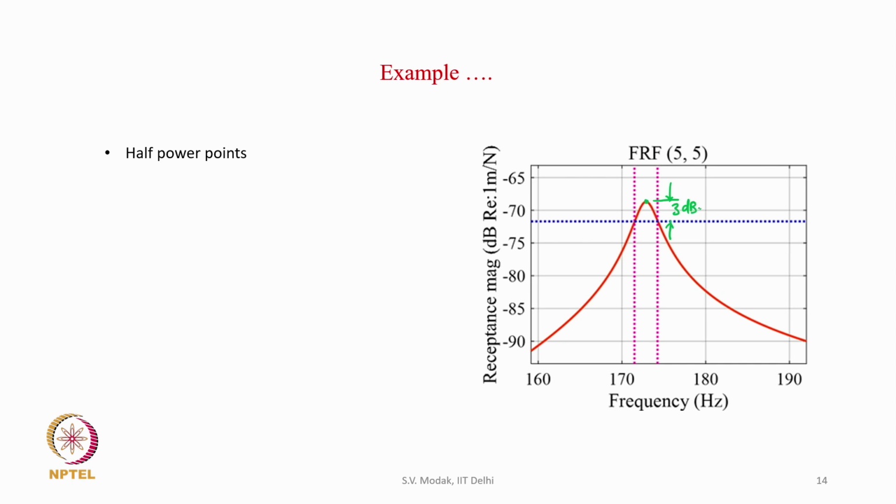Wherever this horizontal line at the 3 dB drop intersects the FRF, at those intersection points, we get the half power points. This is the first half power point, this is the second half power point.